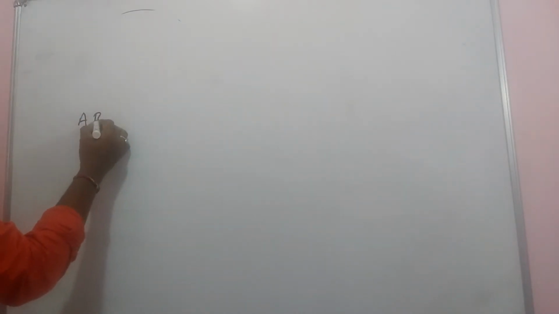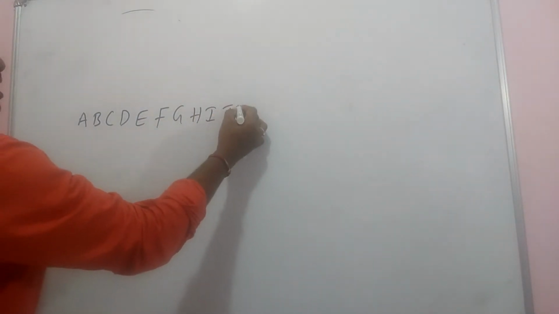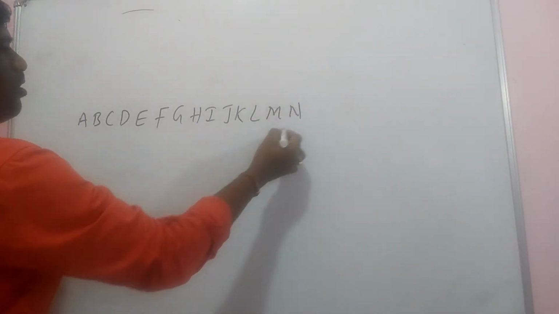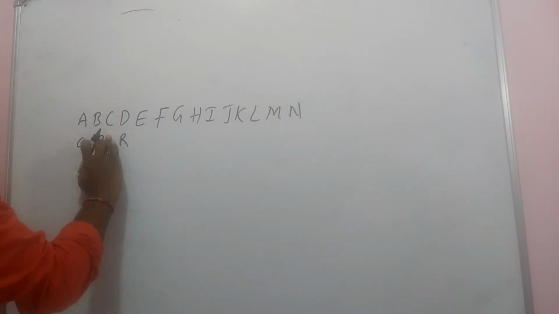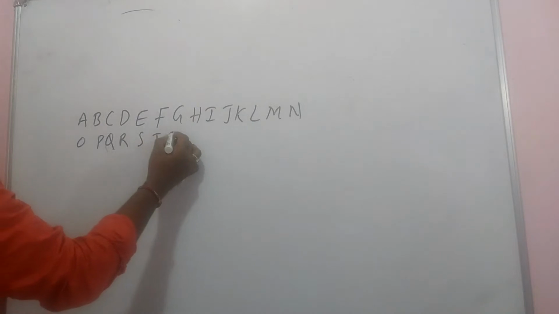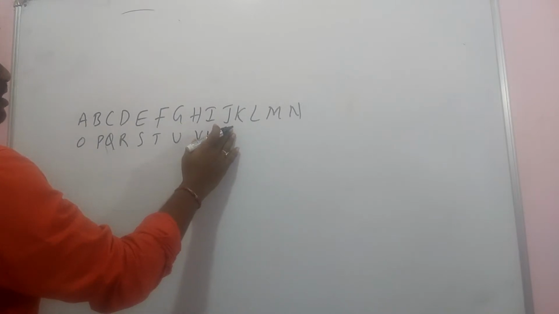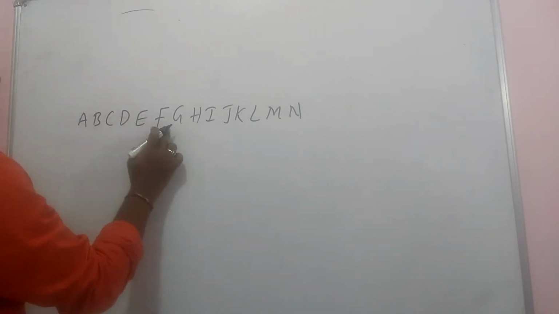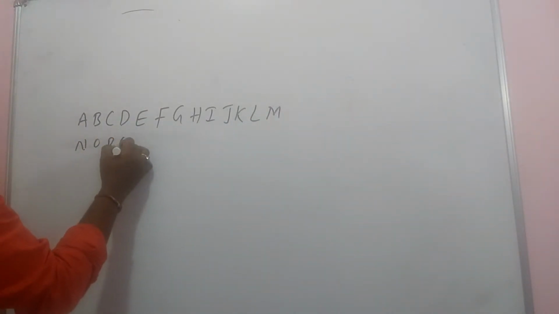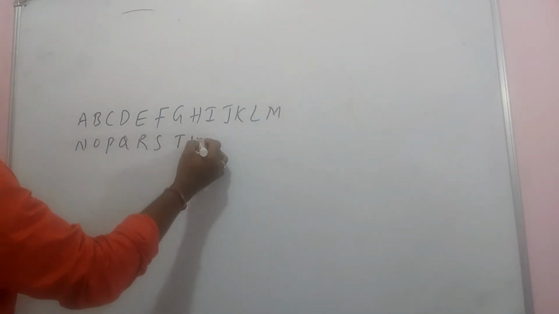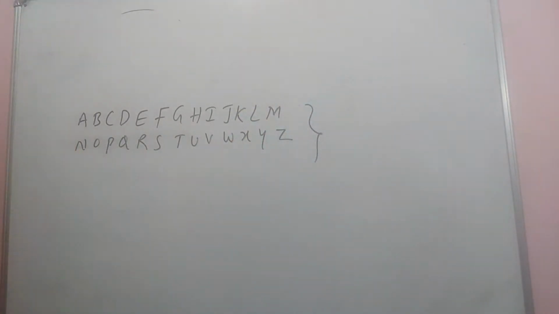Suppose A, B, C, D, E, F, G, H, I, J, K, L, M, N, O, P, Q, R, S, T, U, V, W, X, Y, Z. Always you write like this. This is the corresponding letters.